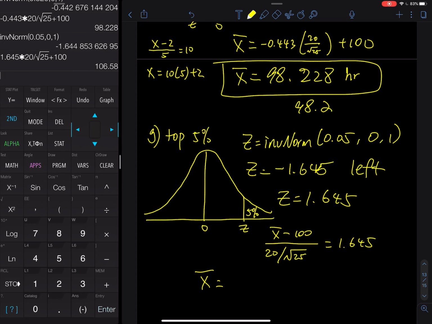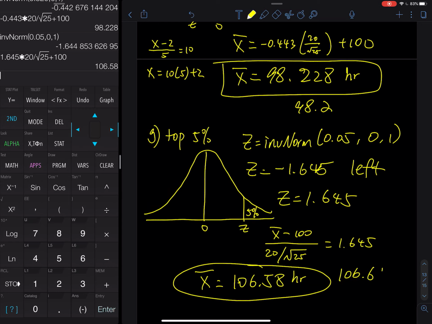So the time is 106.58. So the highest 5% of usage, the people who stay the longest online for this hybrid course, is 106.58 hours. If you want to round this to one decimal place, 106.6 hours, right?